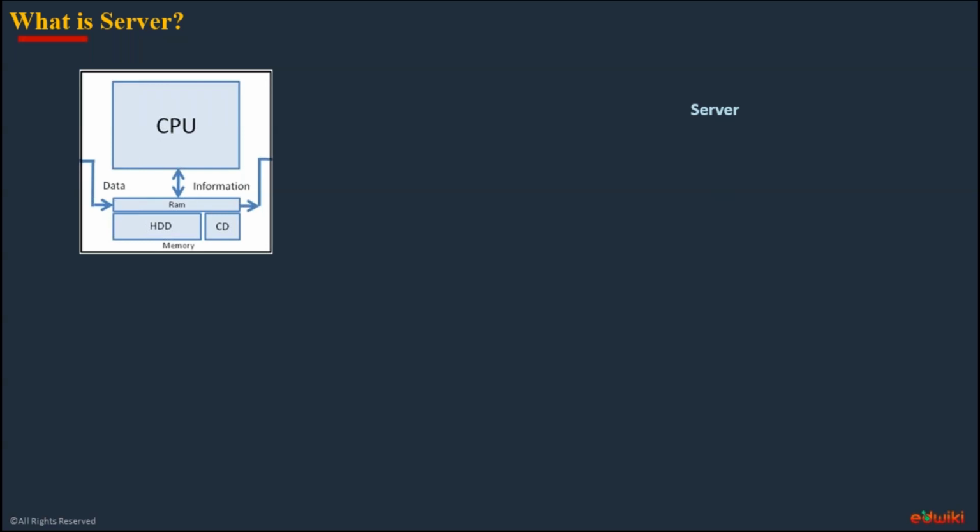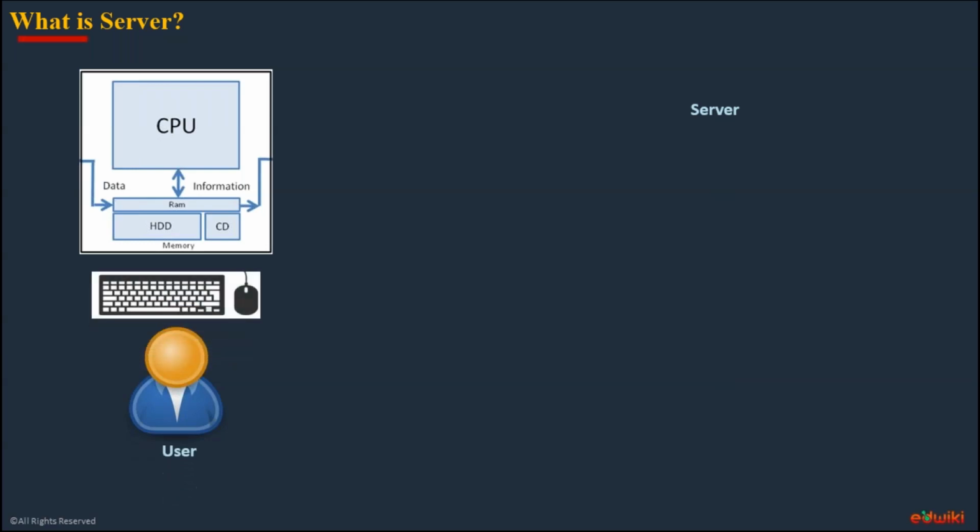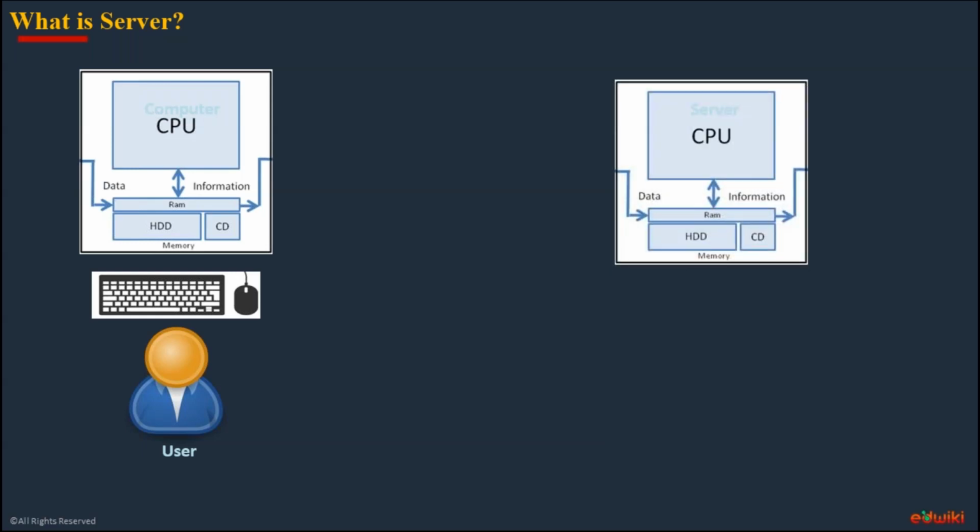So typically any computer or a system, which is the hardware interconnectivity of the processor, hard drive, RAM and any other devices, you are actually accessing the system by taking the help of the IO devices like a keyboard and mouse, and you connect a monitor to this and you start using this system for your specific use cases, right? This is what you know so far, which is typically called a computer or a system.